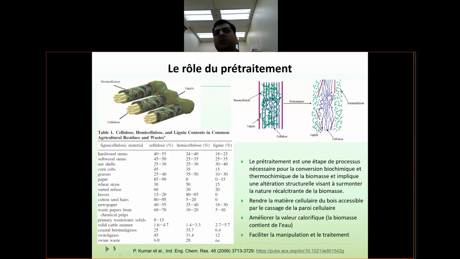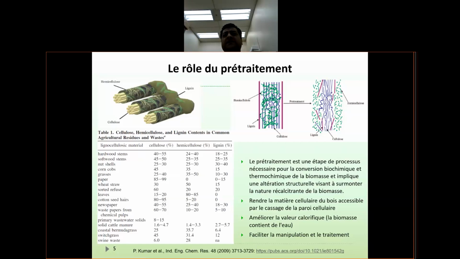I think it was Andres who asked me yesterday about crystallinity of cellulose. He asked me, is cellulose resistant because of its crystallinity? I said yes, and you can see here that by good pretreatment, you can change the crystallinity of cellulose and make it an amorphous material, and then it's easy for downstream extraction.